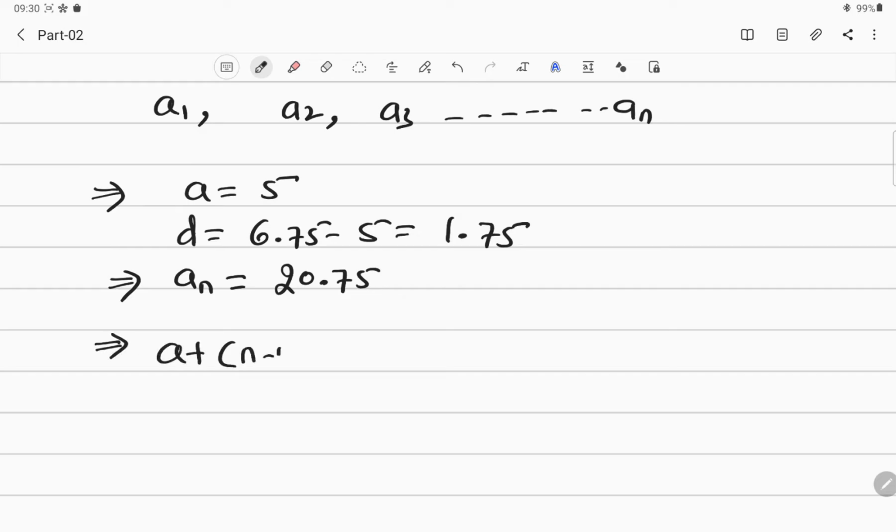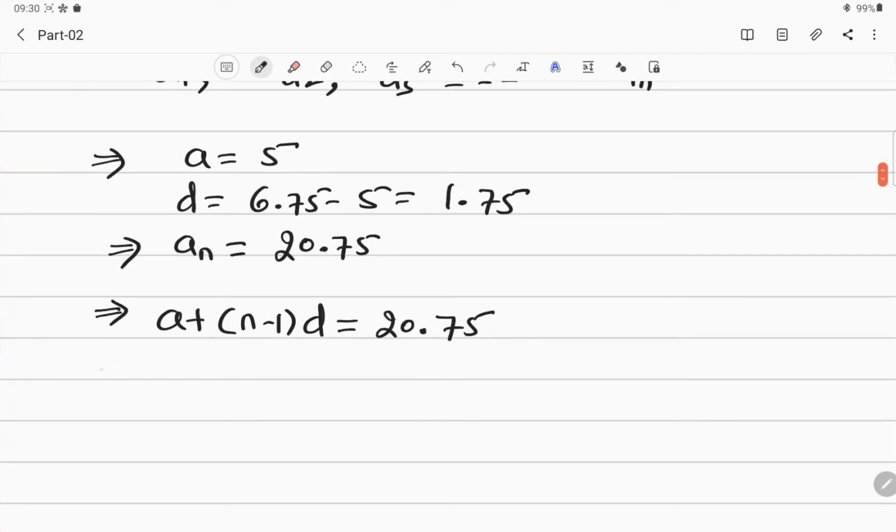a plus n minus 1 into d, and that is equal to 20.75. So the value of a is 5, plus n minus 1 into d, and the value of d is 1.75, equal to 20.75.